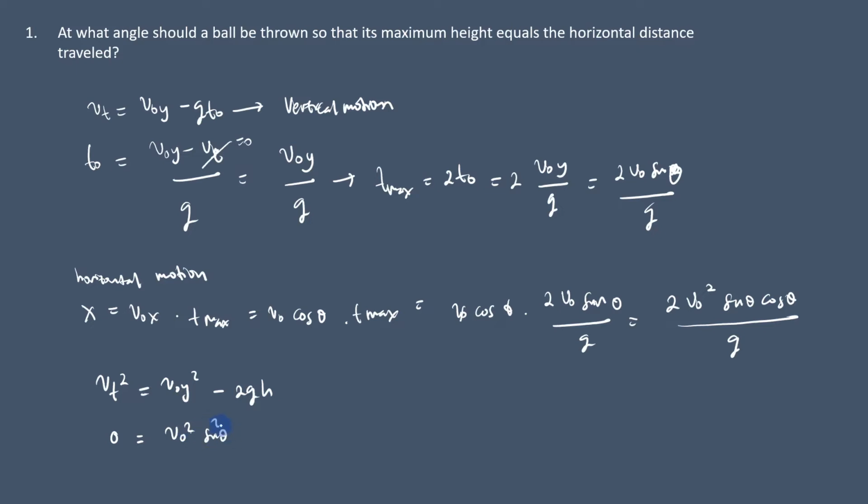Okay, Voy is Vo sin theta, equal to 2gh, and we get h equals Vo square sin square theta divided by 2 times g.